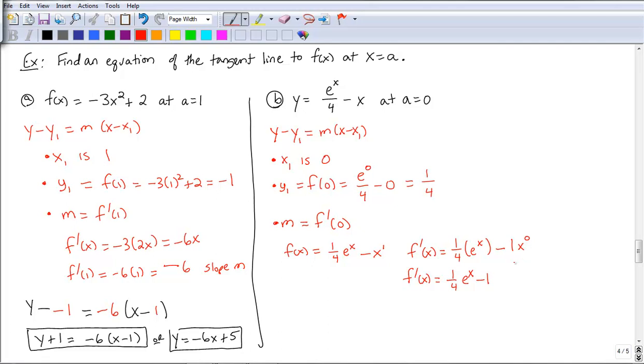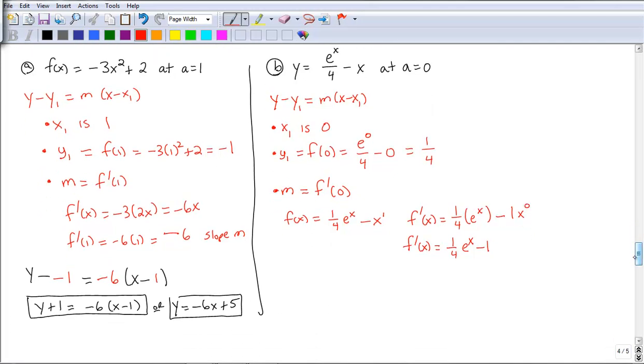So to find my equation for the tangent line, I need to take the a value, which was 0, the x value, and plug it in for x. e to the 0 is 1, so I have 1/4 minus 1, which is -3/4. That's my slope.